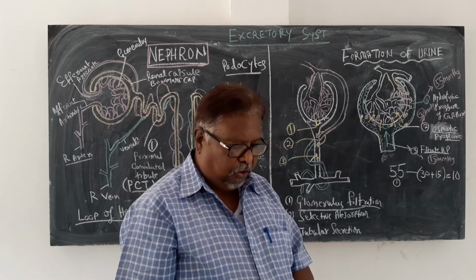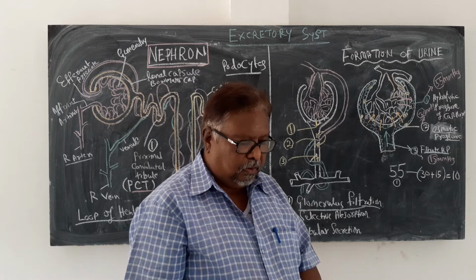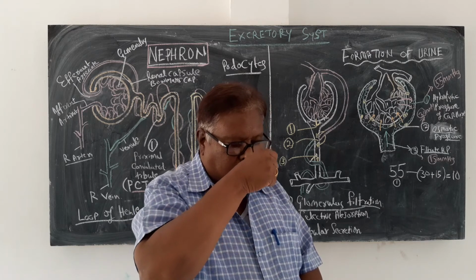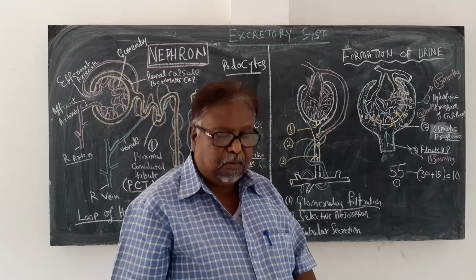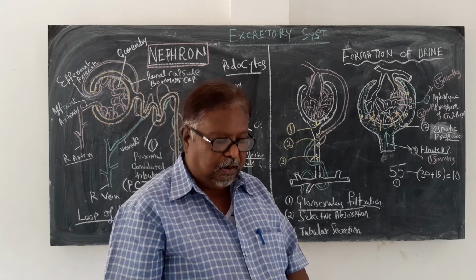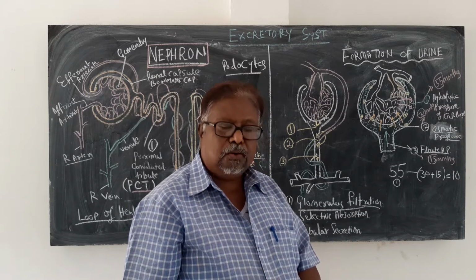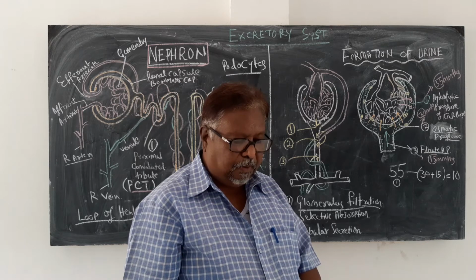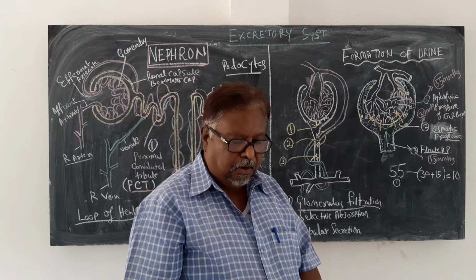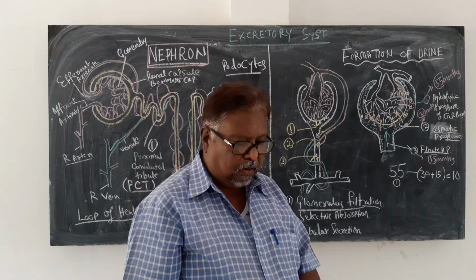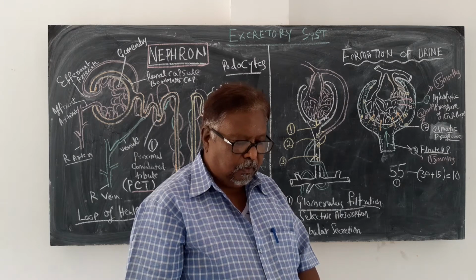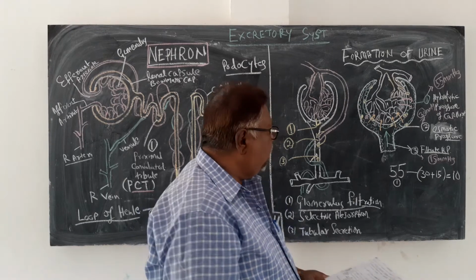Now the next point is this 10 mmHg causes filtration of blood through a 3-layered filtrate membrane formed by endothelium cells of glomerular capillary together with basement membrane.